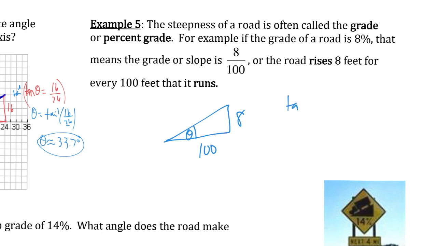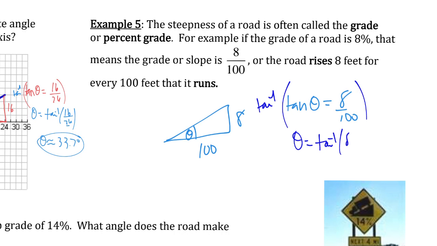So tangent of this theta is equal to 8 out of 100. To solve for theta, you're going to inverse tangent both sides. So theta is equal to the inverse tangent of 8 over 100. And if you did that on your calculator, you're going to get theta is approximately 44.57 degrees.